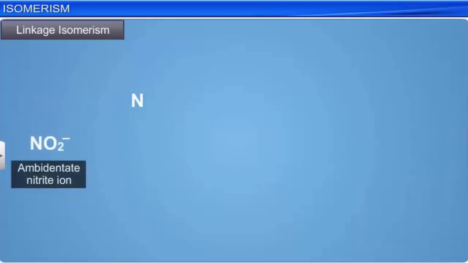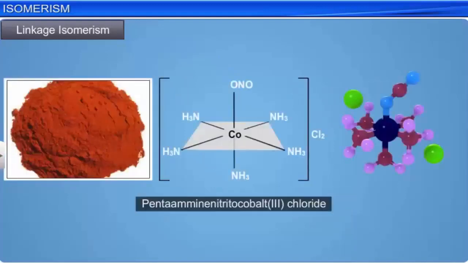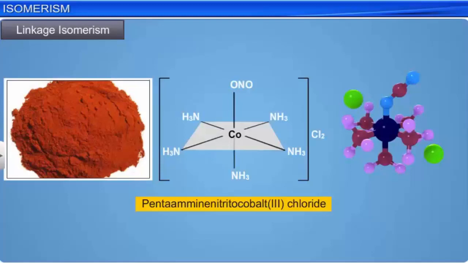2 different complexes, each containing nitrite ions, have been prepared. For example, red pentaamine nitritocobalt(III) chloride, in which the nitrite ligand is bound through oxygen, and yellow pentaamine nitrocobalt(III) chloride, in which the nitrite ligand is bound through nitrogen to the metal ion.